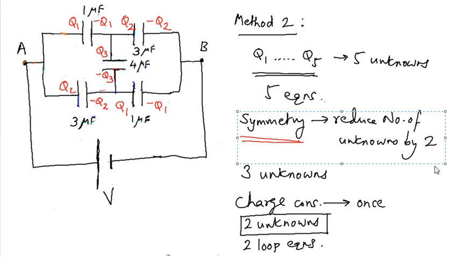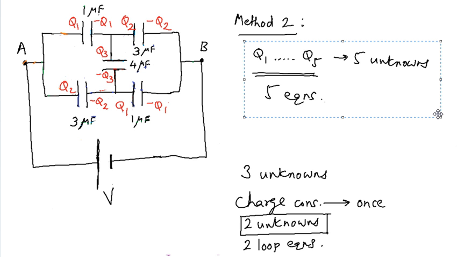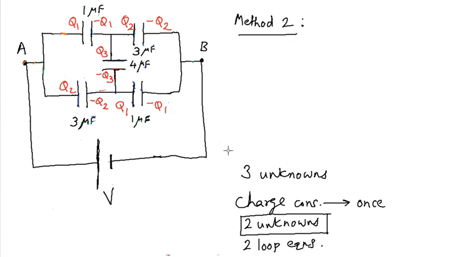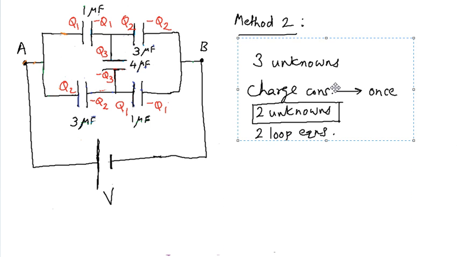So this part I'll just remove it like that. Of course I did have 5 unknowns, and therefore I did require 5 equations. That's no longer true, so I'll remove this. And we do have now 3 unknowns. This is the stage of the solution where we are right now, so I'll just move this up over here.